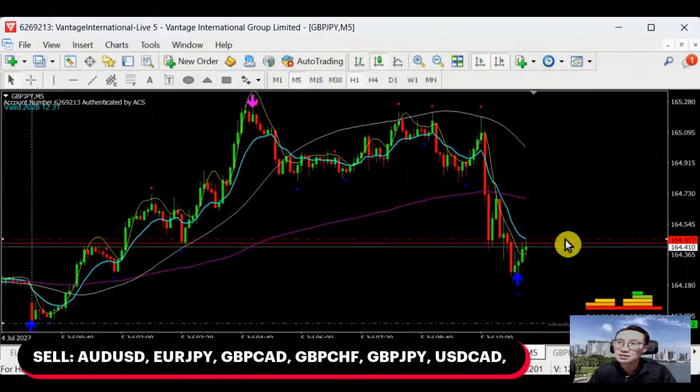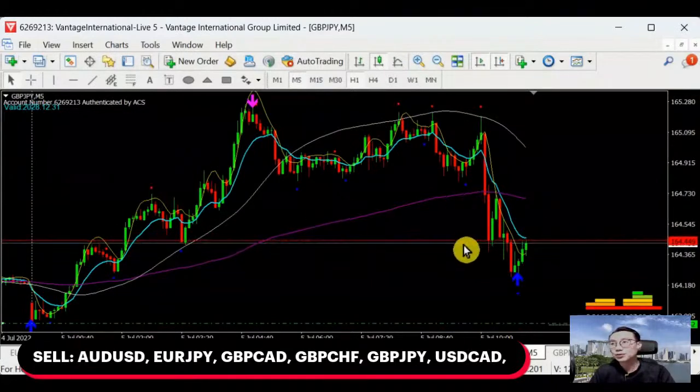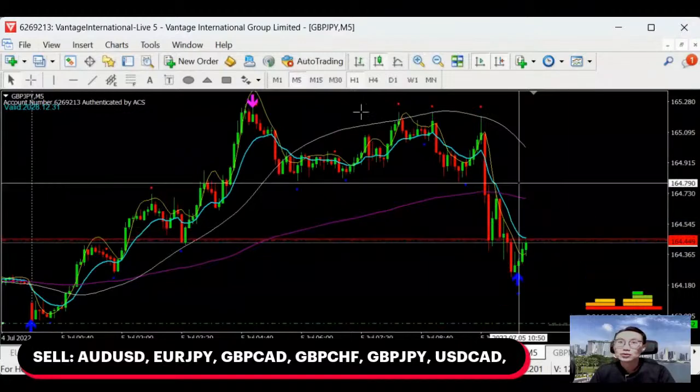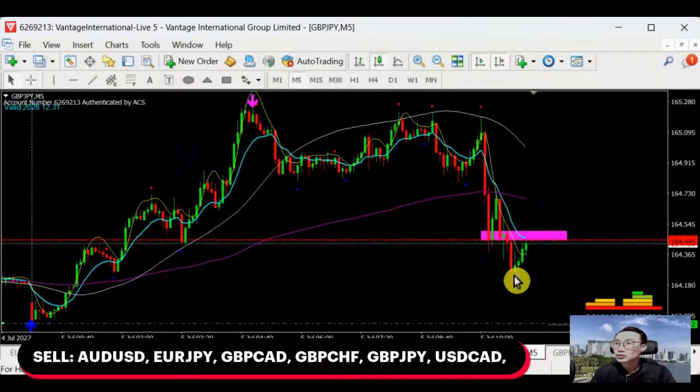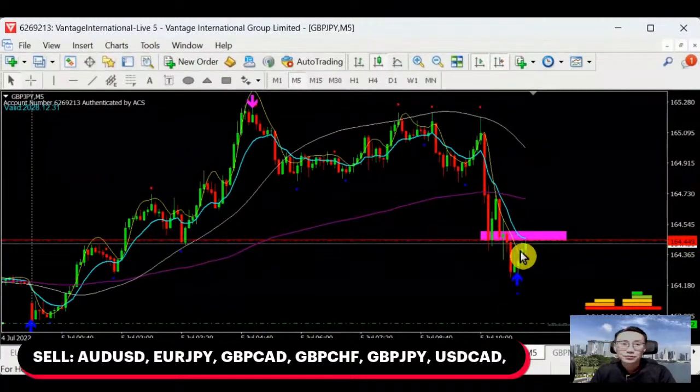Previous support tested and broken becomes a resistance. So you know clearly that this is the area of value giving us a resistance area. You can always get ready to sell down when the M5 gives you strength.